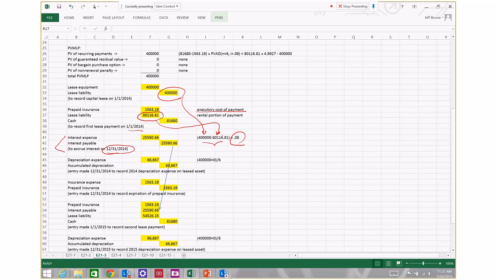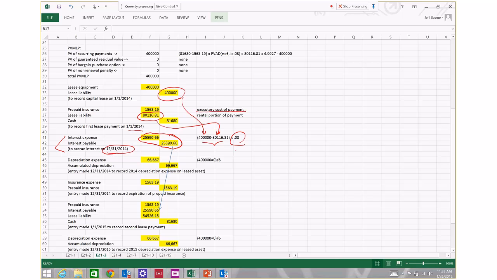The net of those two amounts represents the carrying amount of the lease liability at the beginning of the year. Multiply that by 8%, and we come up with 25,590.66. That's the amount we're going to debit to interest expense and credit to interest payable.